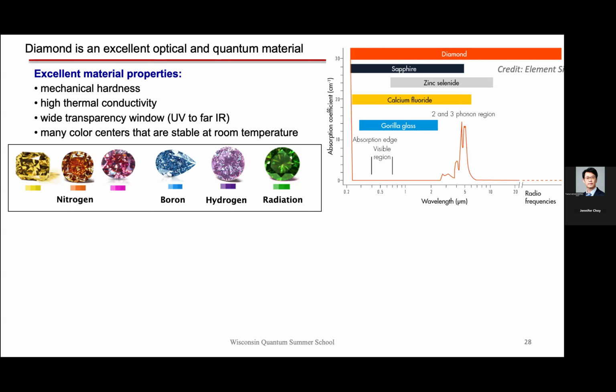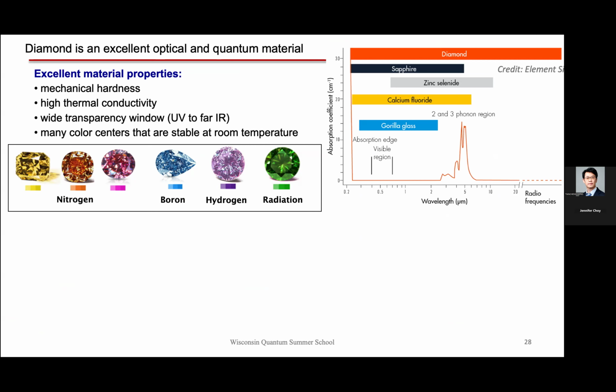But then I want to just talk about the use of diamond as this type of quantum material, where you can make different, what we now call color centers, which are analogs of these trapped atoms in the diamond crystal. Depending on the type of defects, whether you have a lot of nitrogen in the crystal, whether you have boron, hydrogen, or just a bunch of vacancies, you get different colors.